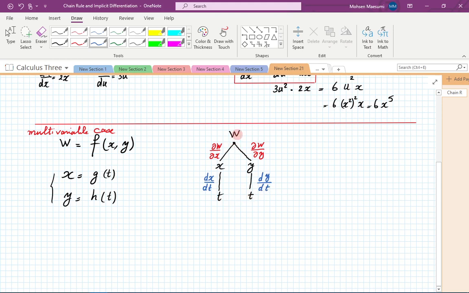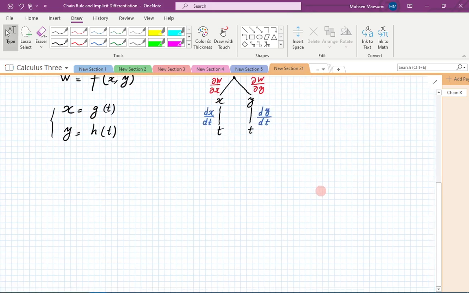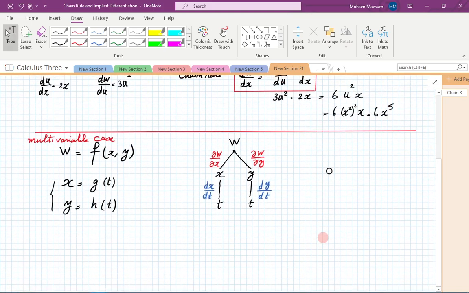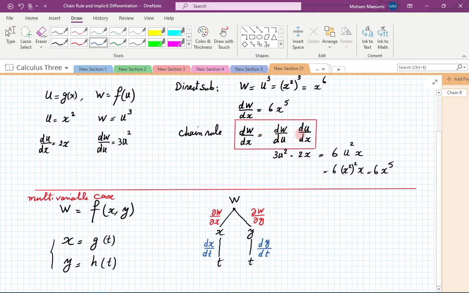Now when I want to find out the rate of change of W with respect to t, I start at letter t and go all the way to the root and multiply all these dependencies just the way multiplication happened here.